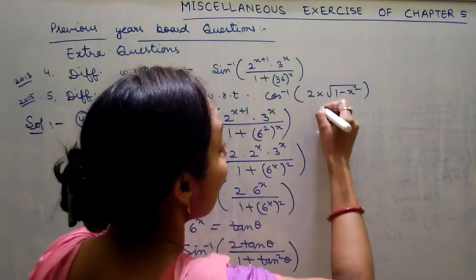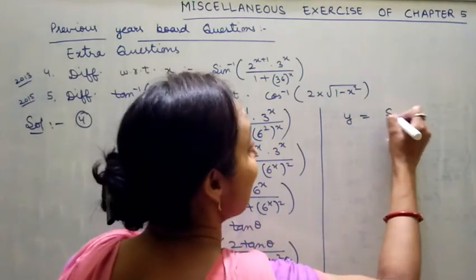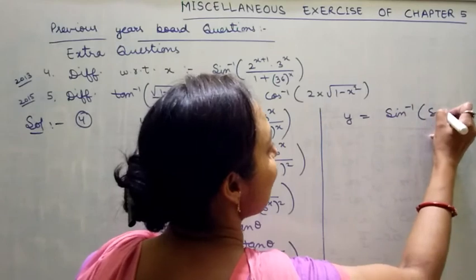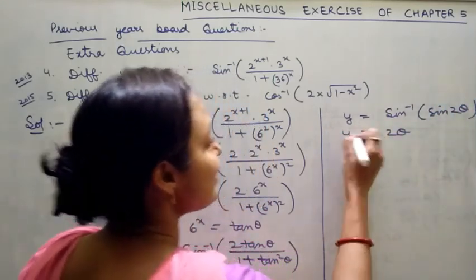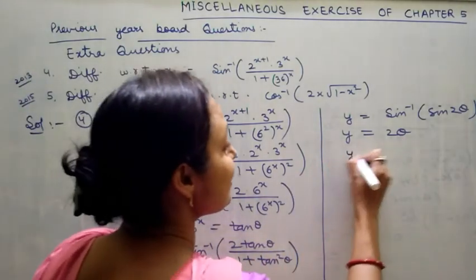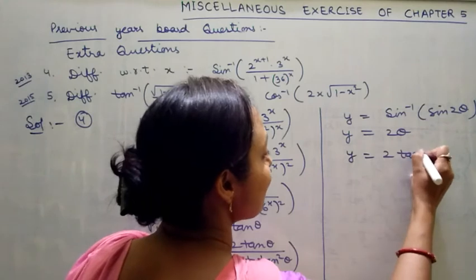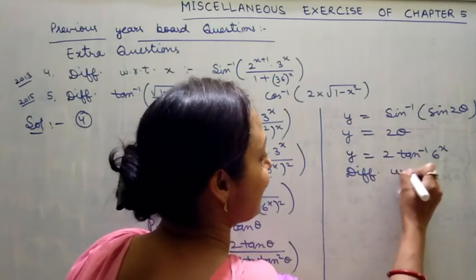So I will write y is equal to sine inverse sin 2 theta, right? This sin inverse and sin will cancel, we get 2 theta. Change this theta back in the form of x. y is equal to 2 tan inverse 6 raised to x. Now differentiate with respect to x, right?